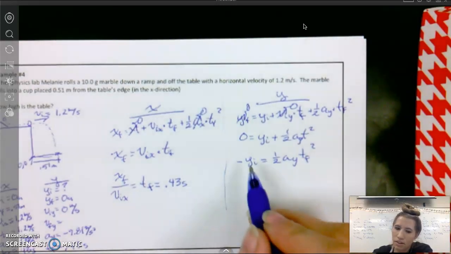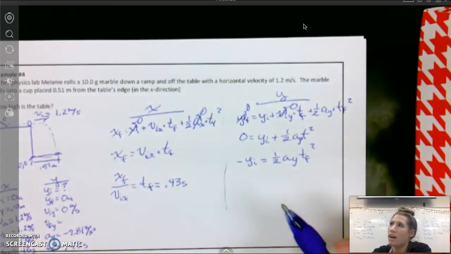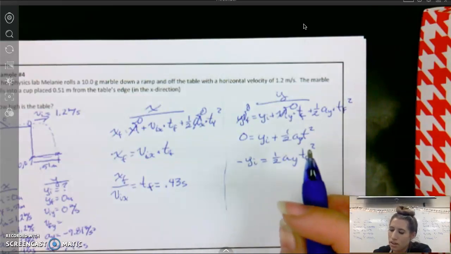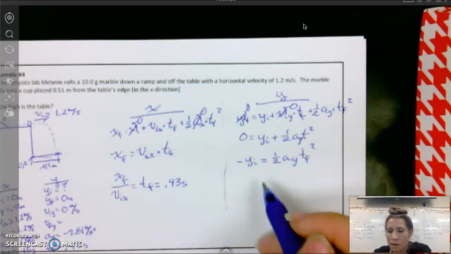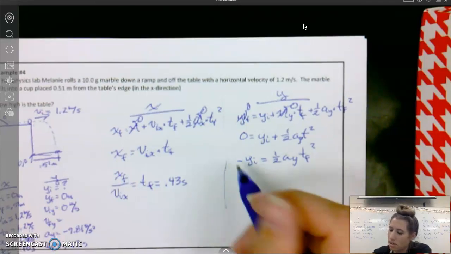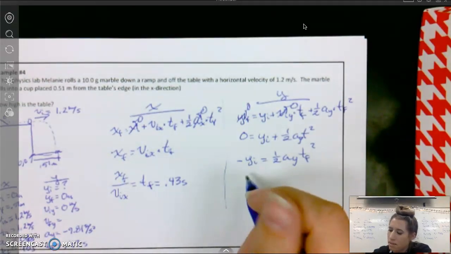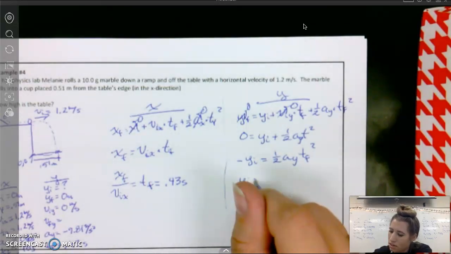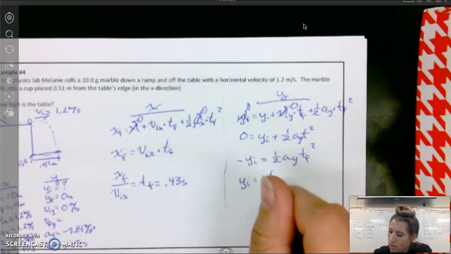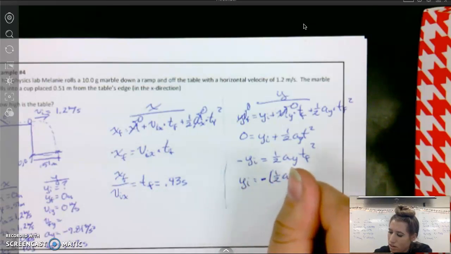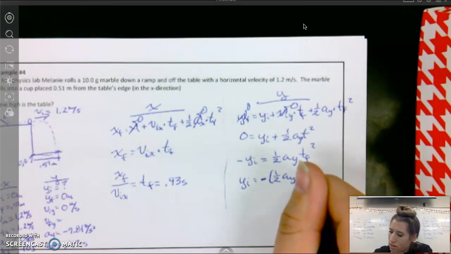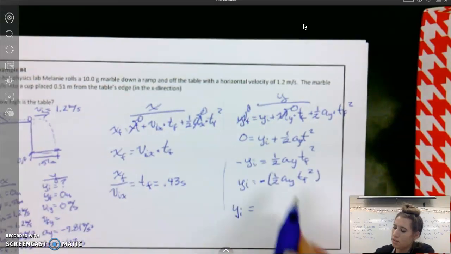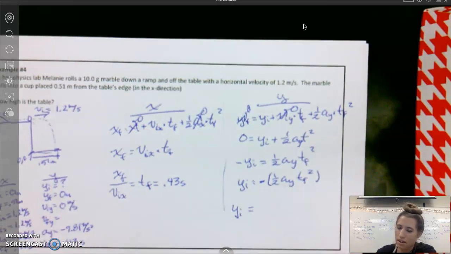And then we can divide by a -1, or multiply by a -1, doing that to both sides of the equation. So what we end up with is y initial is equal to the negative of the 1/2 acceleration, t final squared. So I'll plug in those numbers. This is a negative, it'll cancel with that negative.